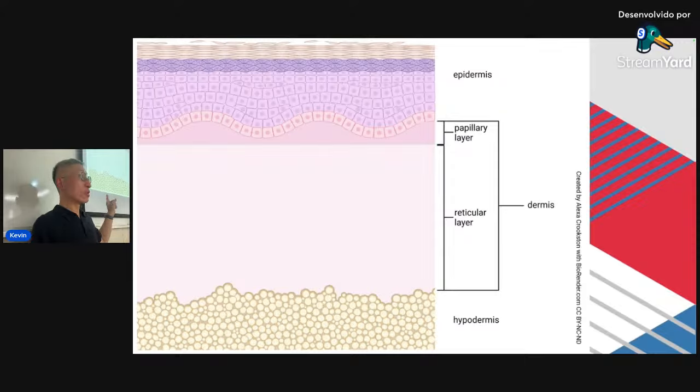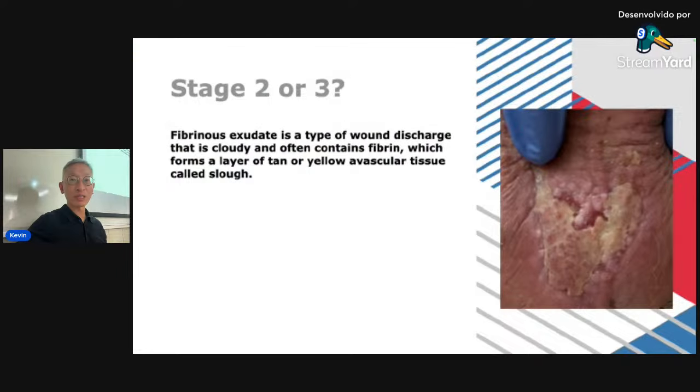With a stage 2A wound, it may be more friable. With a stage 2B wound, when the reticular layer is exposed, usually you may see a firmer, yellowish wound bed, but not necessarily representing slough. So let's see if we can make it clearer to you in the next year or two, to bring to your attention the differentiation of various types of staging pressure injuries.